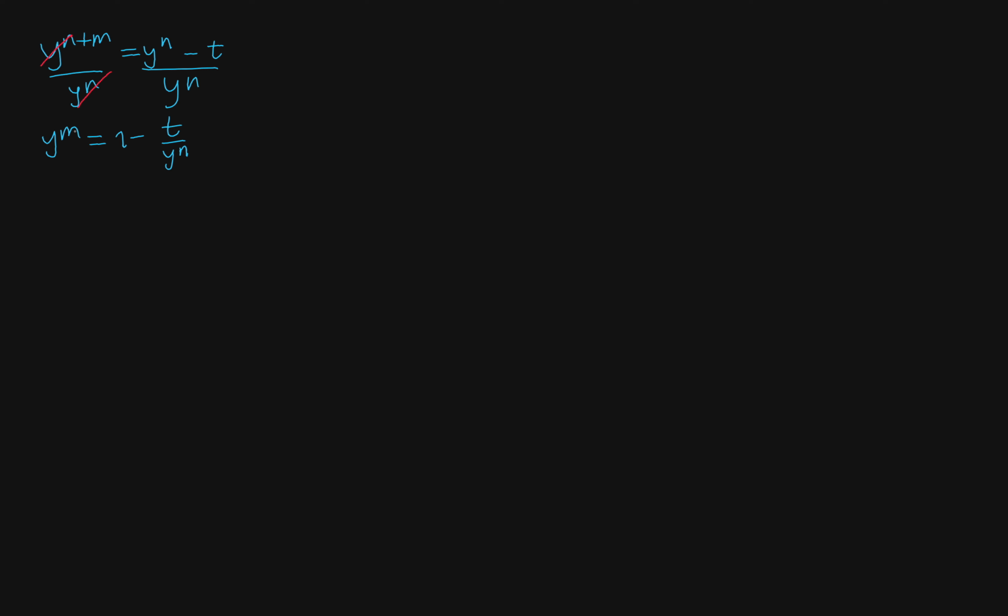Now you see we have y to the m instead, so you guessed it, what we're going to do is substitute z to be equal to y to the m, which means that we're going to need y to be equal to omega z to the 1 over m, where omega is any of the mth roots of unity.